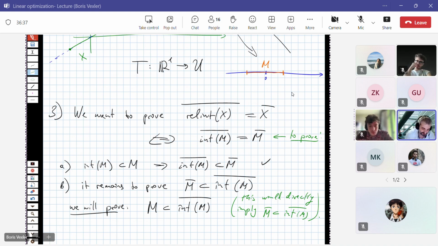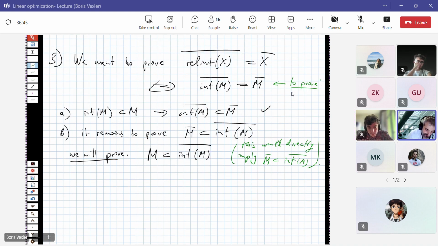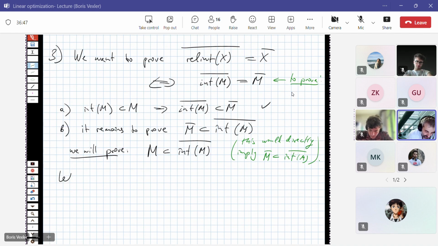Okay, now let us prove that M is a subset of the interior of M and then taking closure. How do we prove this? As usual, we take just an element Z in M and would like to prove that it is an element of this. What we know, of course, is that X is not empty and X is convex.